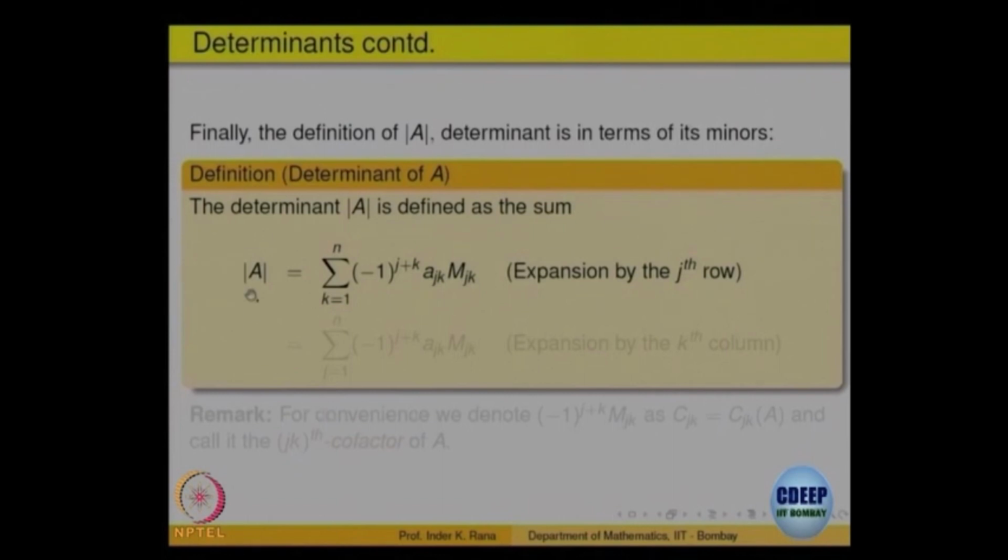Determinant of n cross n matrix is sum of minus 1 to the power j plus k, coefficient a j k, into the corresponding determinant of the minor, removing those row and column. Is it okay? So, this is a definition by expanding by jth row.